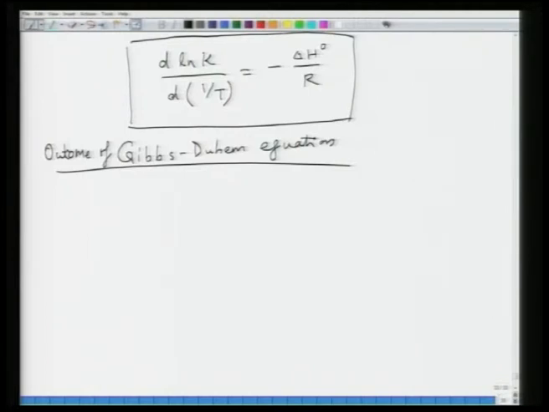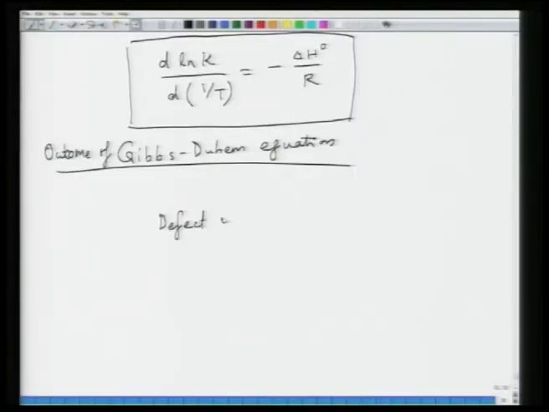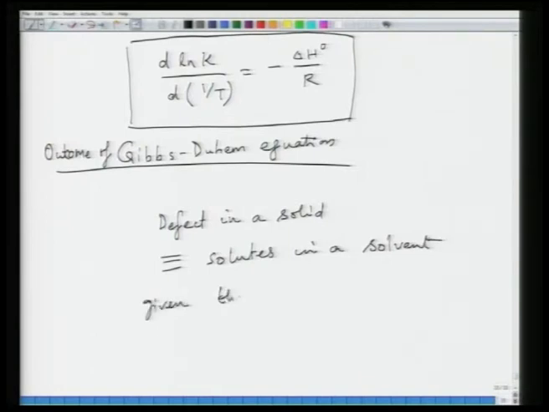So what this basically tells you is that just like we treat solute in a solvent in a normal material, we can treat defects in a solid as solute in a solvent. So defects in a solid are equivalent to solutes in a solvent, given that they are dilute.